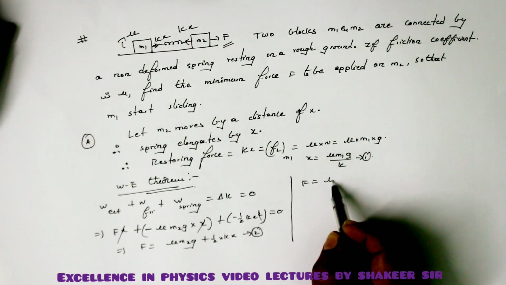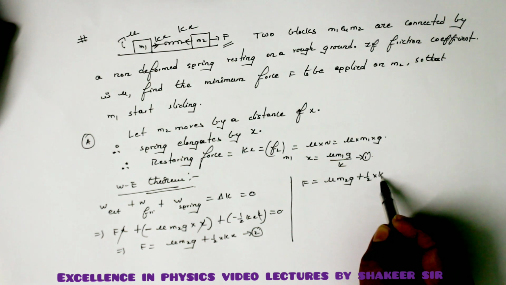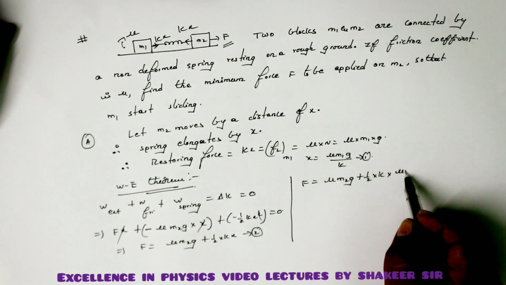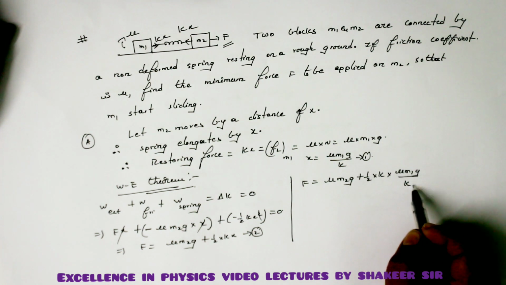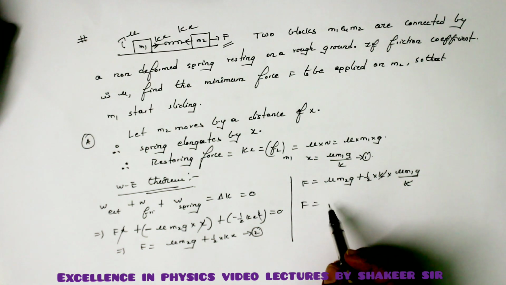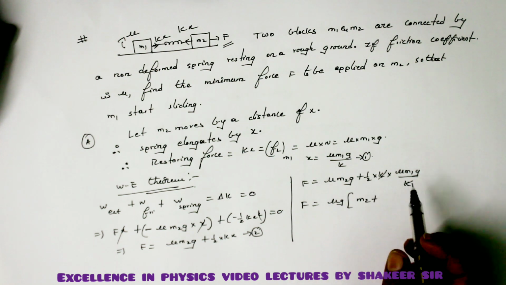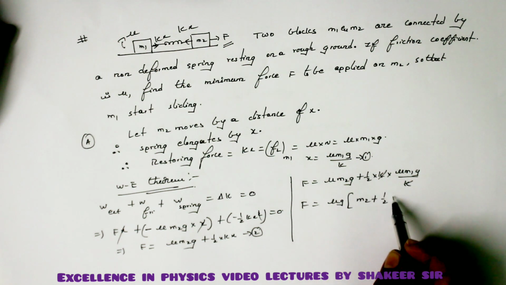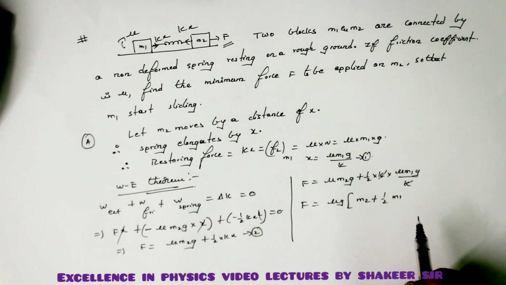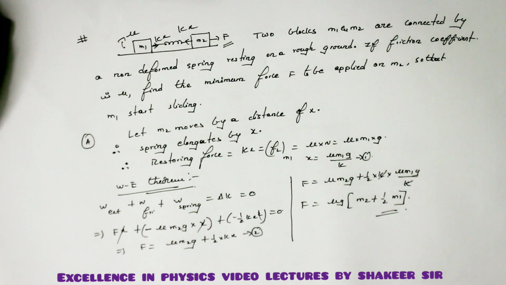If I substitute the x value from equation number 1, F equals mu m2 g plus half into k into x, where x is mu m1 g divided by k. So k gets cancelled. So F equals, here I can take mu g as common, m2 plus half of m1, that's all. So this should be my answer.